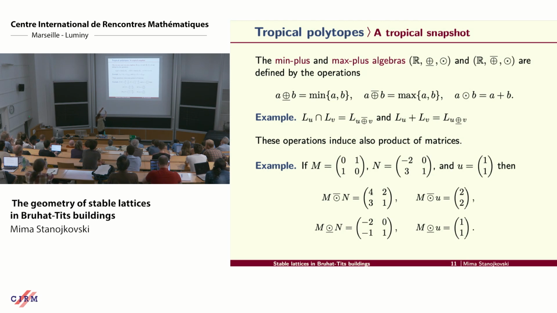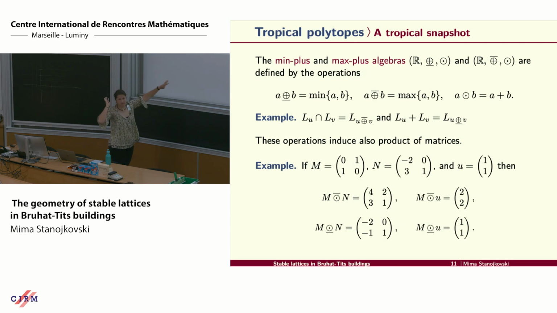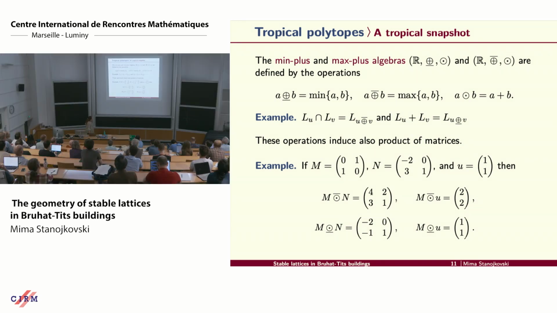So I have minus 2 and 4. And now either I take the max in the first one so that I get 4, or I take the min and I get minus 2 below. And this is how it goes. So it's a bit confusing at first, but once you get into it, it is just like multiplying matrices as we know them.